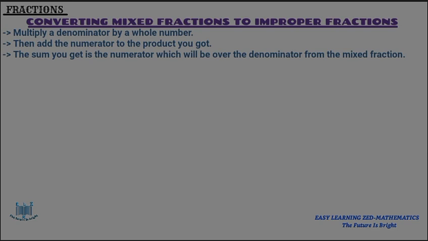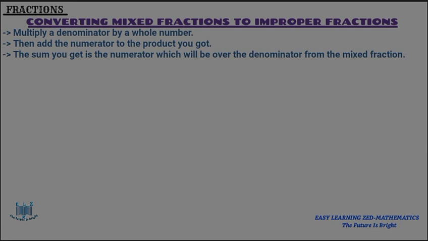Once you have added the numerator to the product you got, the whole sum will become the numerator, which will be over the denominator from the mixed fraction. So when you're given a mixed fraction, you need to take note of the denominator, because that is the denominator you're going to use in the answer.